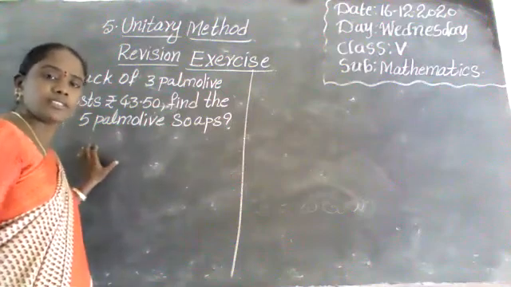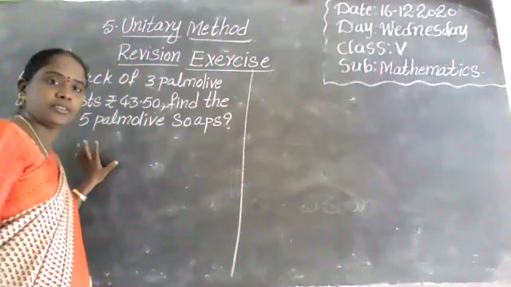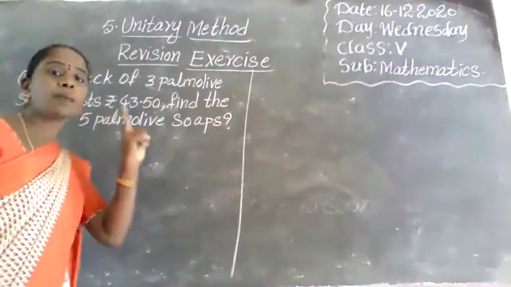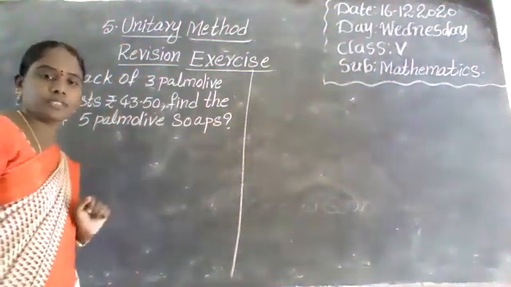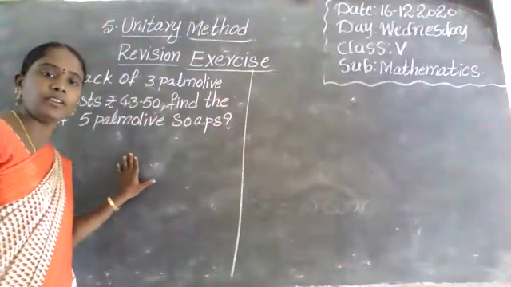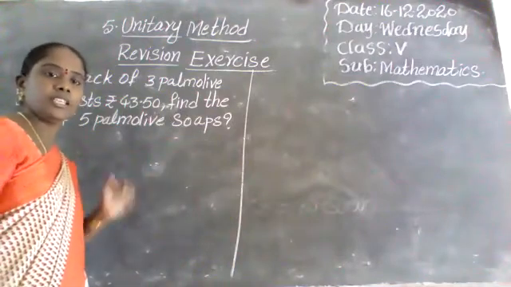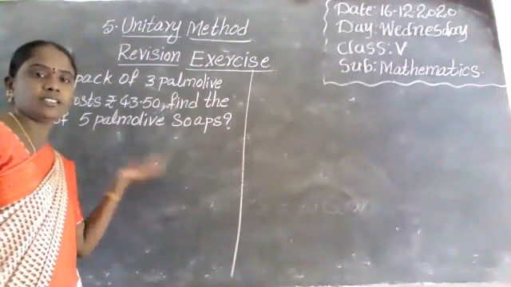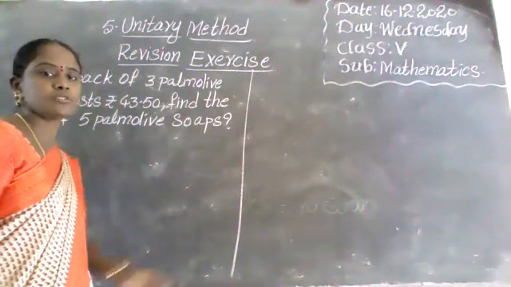How can we find out? First we have to do division. First we have to find out the cost of one Palmolive soap. Then we have to do multiplication. Then we find out the cost of 5 Palmolive soaps.